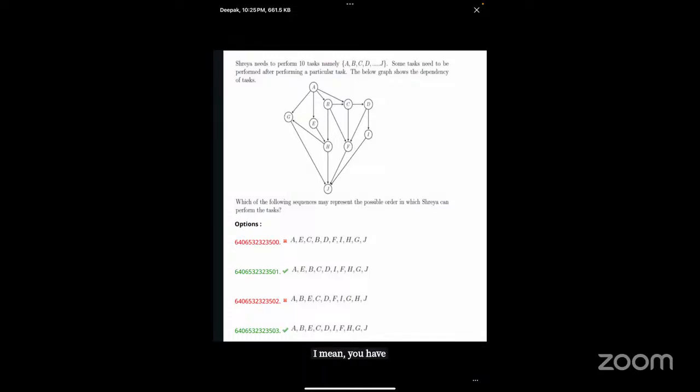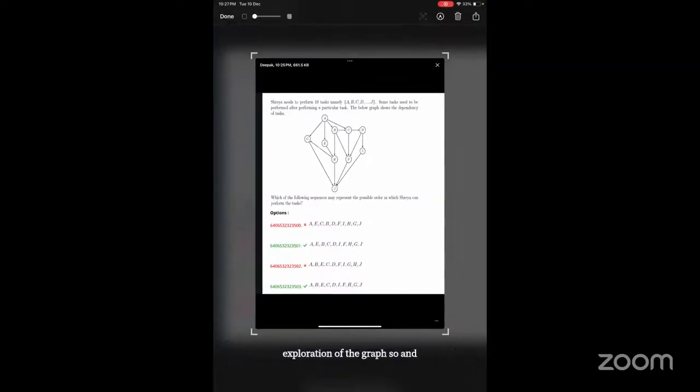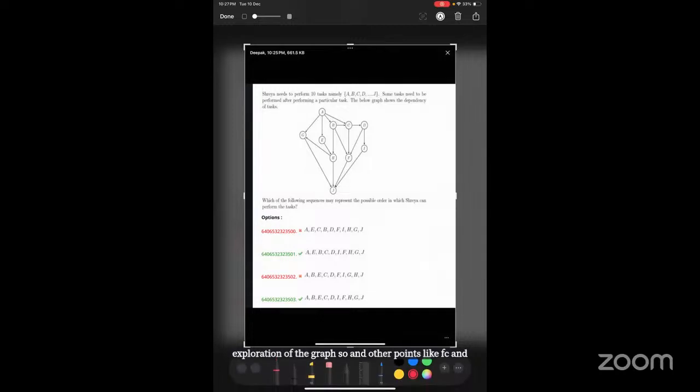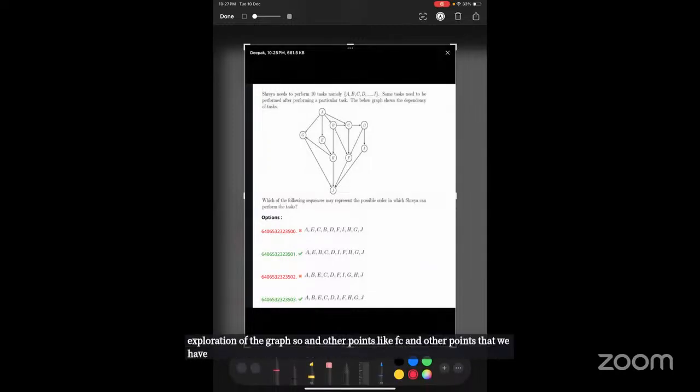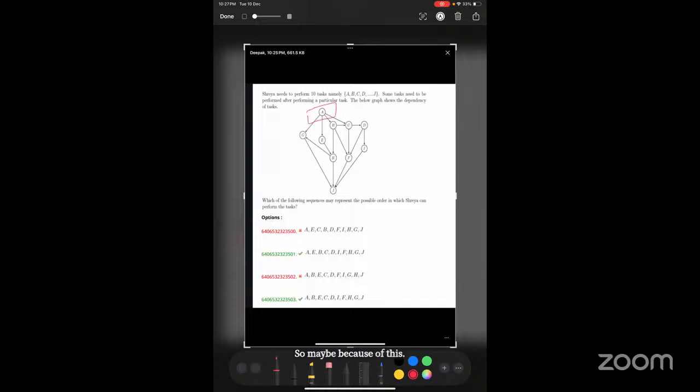Ma'am, I think in this one, H is also leading to level 2 exploration of the graph. And other points like HC and other points that we have are just level 1. So maybe because of this. This is level 0.